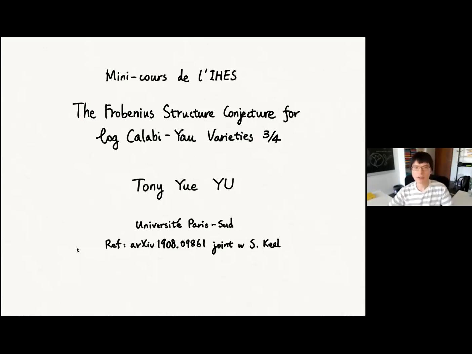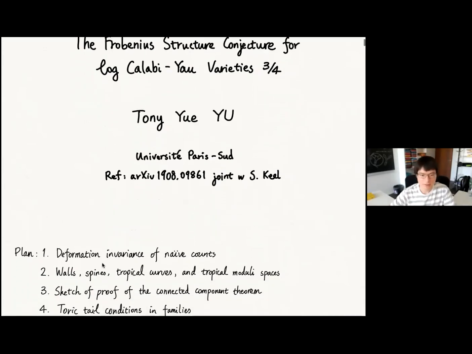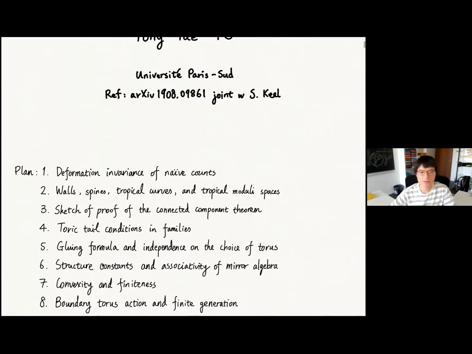Okay, so welcome to the third lecture. And here is the plan for today. First, deformation invariance for naive counts. Second, walls, spines, tropical curves, and tropical moduli spaces. Third, sketch of proof of the connected component theorem.